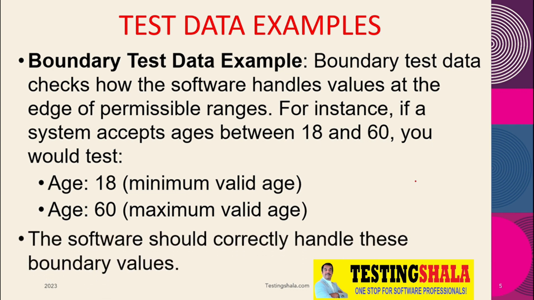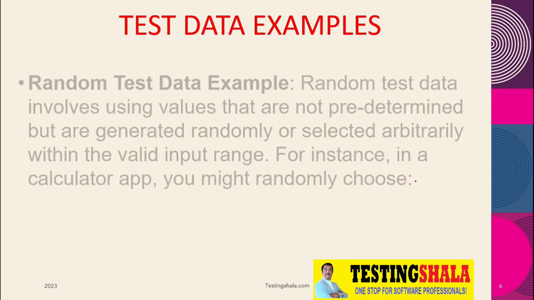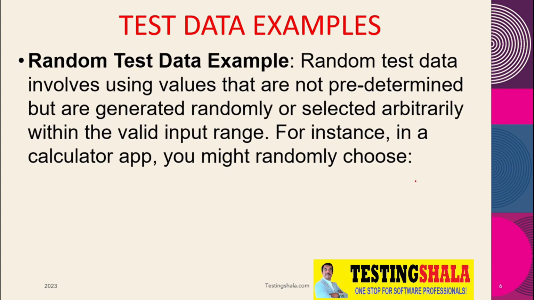We have to validate all these boundary values to see whether the application behaves as expected or not. The next one is random test data, where we generate test data randomly and provide it to the application.